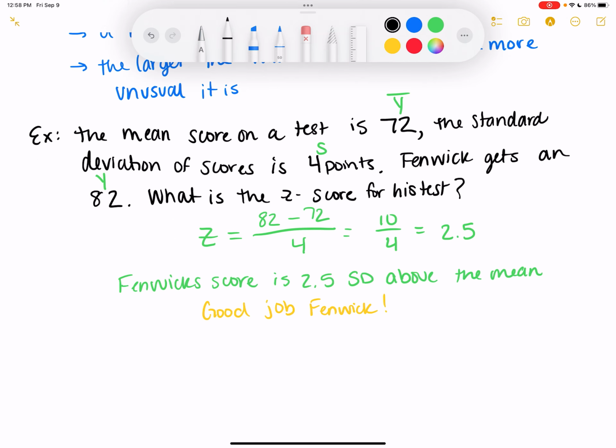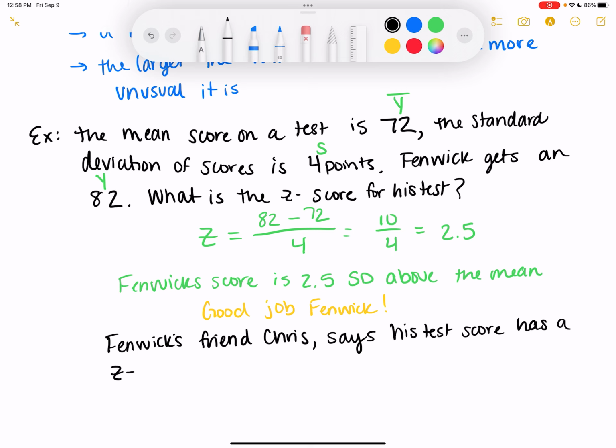So then a follow-up to this is that Fenwick's friend Chris says his test score has a z value of minus 0.5. So what score did Chris get? In this case, we're doing the opposite. This is his z value, but we're still using the same mean and standard deviation.